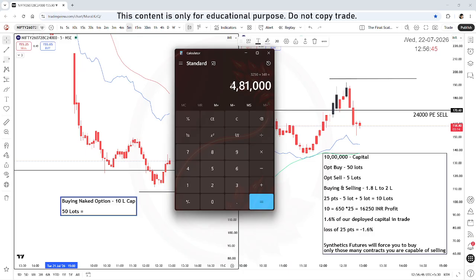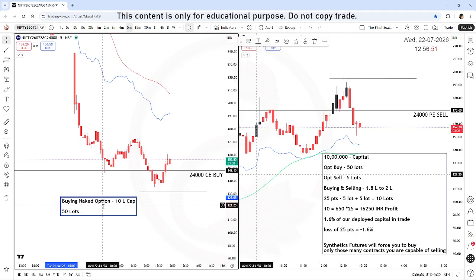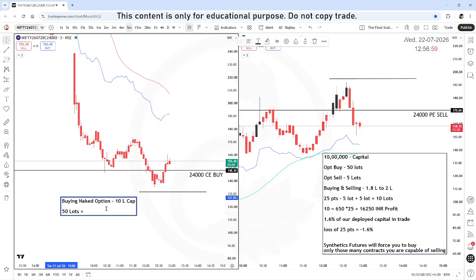We could have bought 100 lots to be very frank. But even if I'm going with 50 lots here, what would be the loss if I lose, let's say, even only 10 points? Let's do the math.